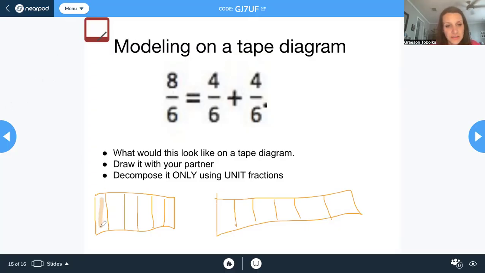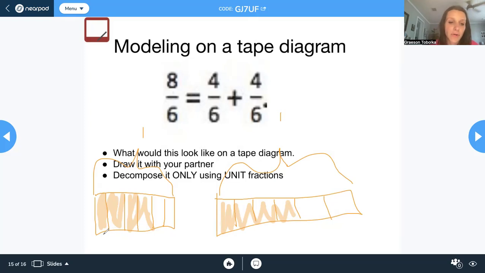Okay. So I'm going to color in my sixths and I have 4 sixths, and then I have another 4 sixths. And each of those makes what? 6 sixths makes, as we know, a whole, and 6 sixths makes, as we know, a whole.